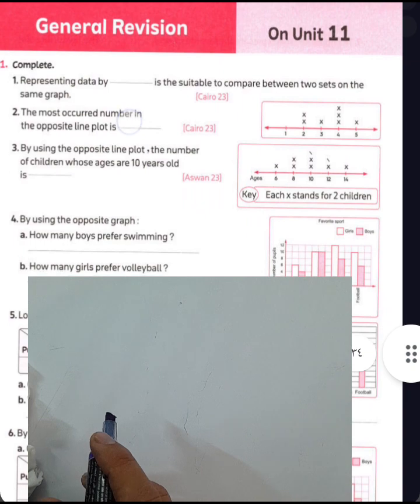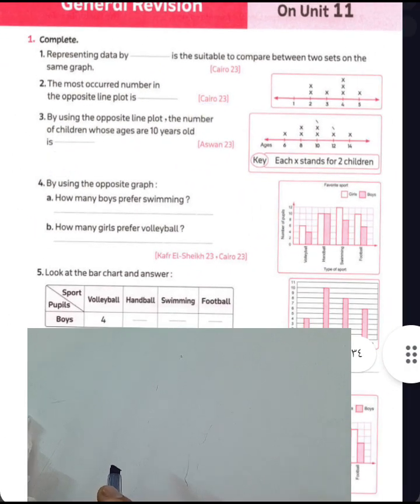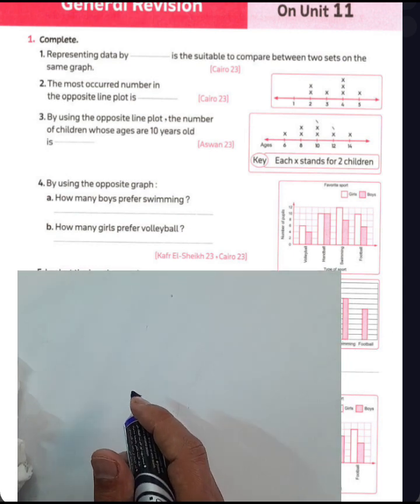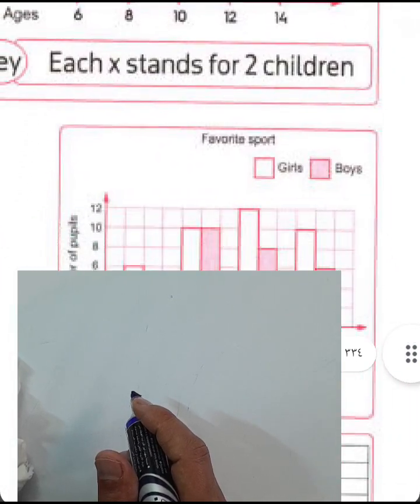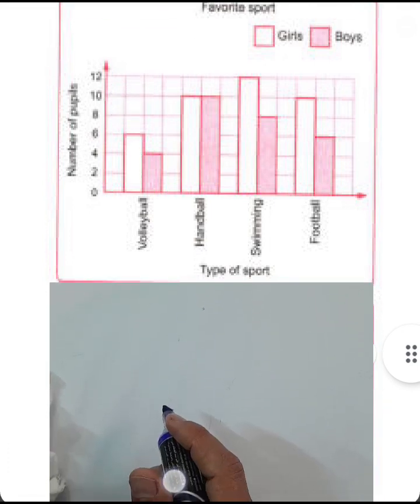Next, question number 4. By using the opposite graph, how many boys prefer swimming? Swimming here. The girls here was 12.